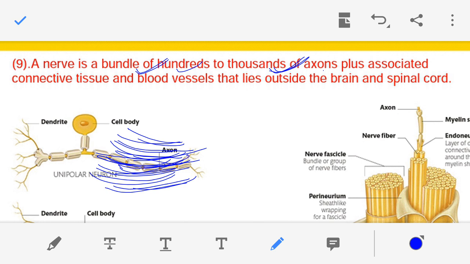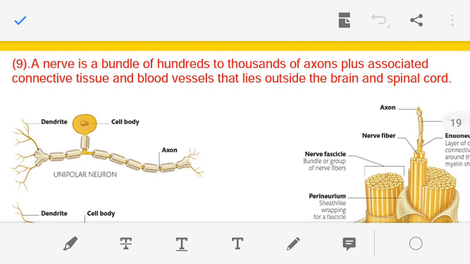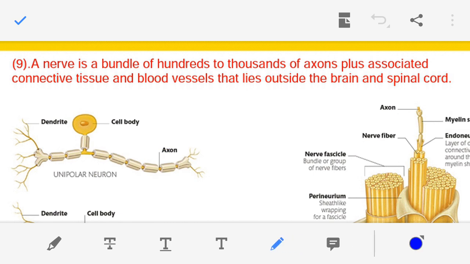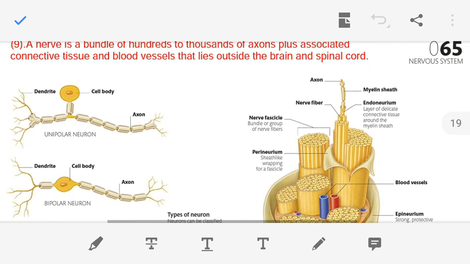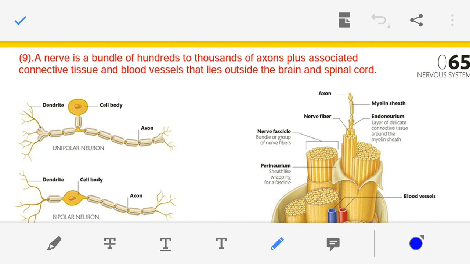Along with the bundle of axons, connective tissue is there and blood vessels are also present. So bundle of axons plus connective tissue plus blood vessels, they form the nerve. Now where is the nerve present? Nerves arise from the brain, nerves arise from the spinal cord.